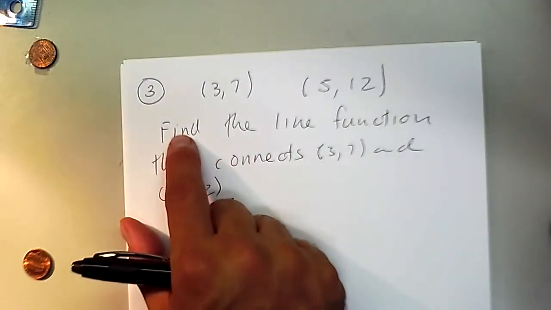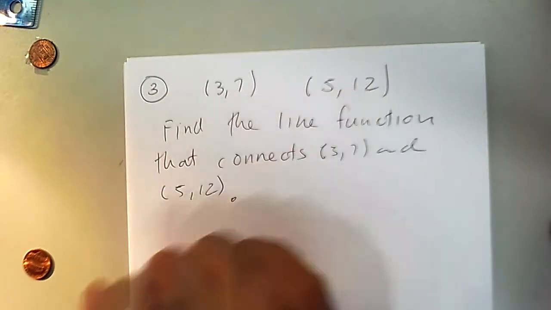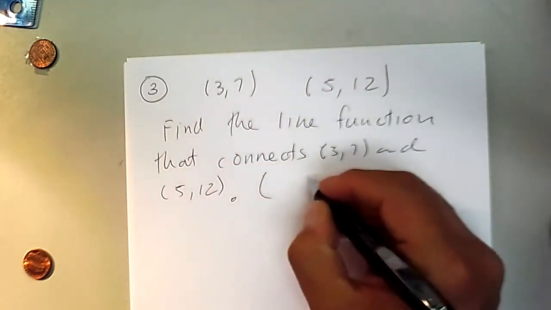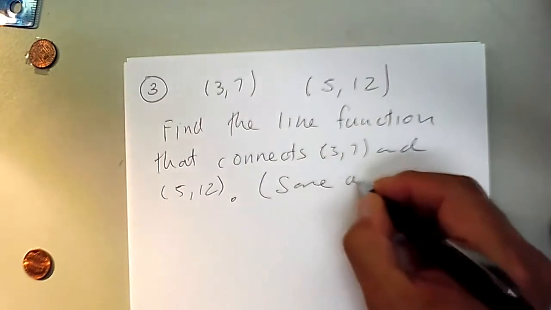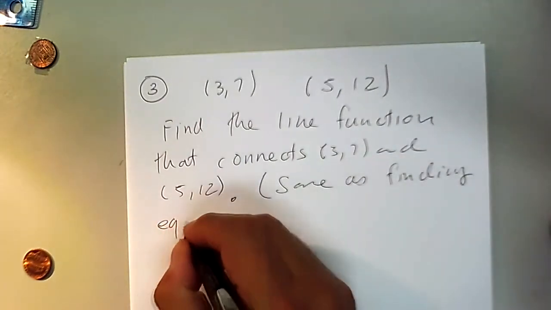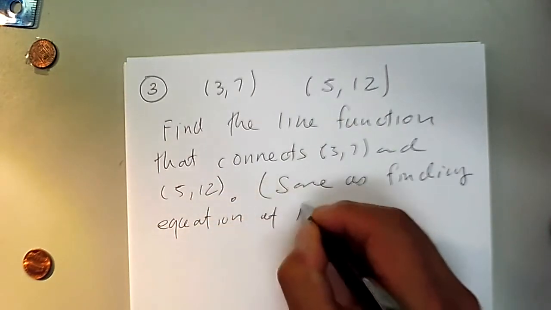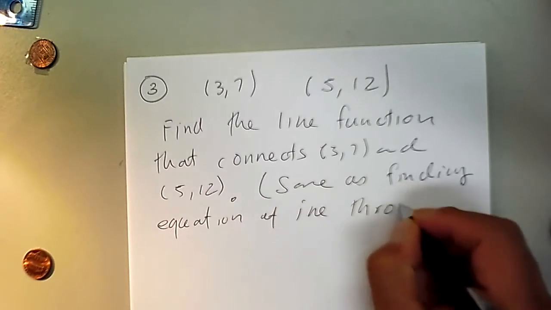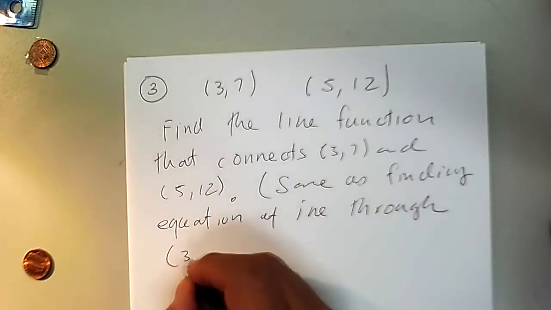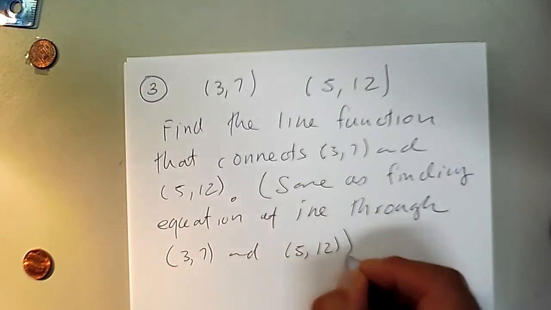Another way to ask this is to find the equation of the line between, or through, those 2 points. Same as finding the equation of the line through (3, 7) and (5, 12).